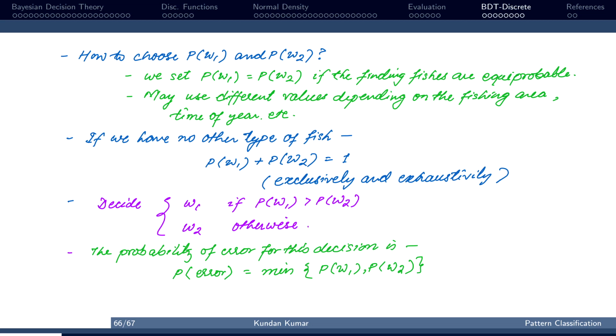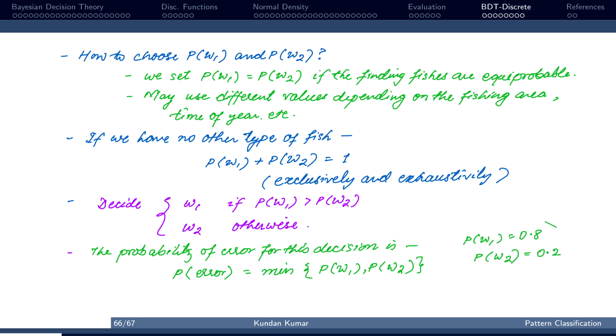So don't you feel that there is some problem in making a decision? Because if we have some information, that is the prior probability, that the prior probability of sea bass is 0.8, then the prior probability of salmon will be 0.2.